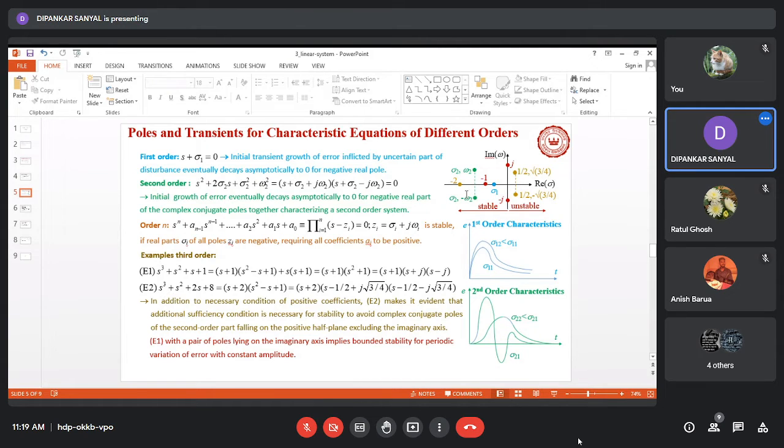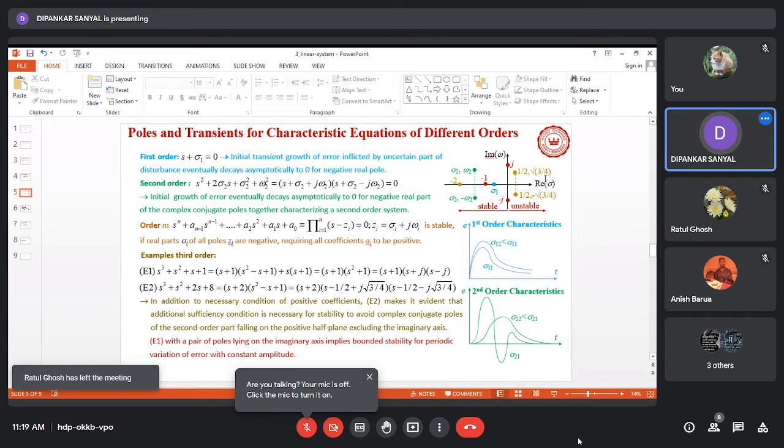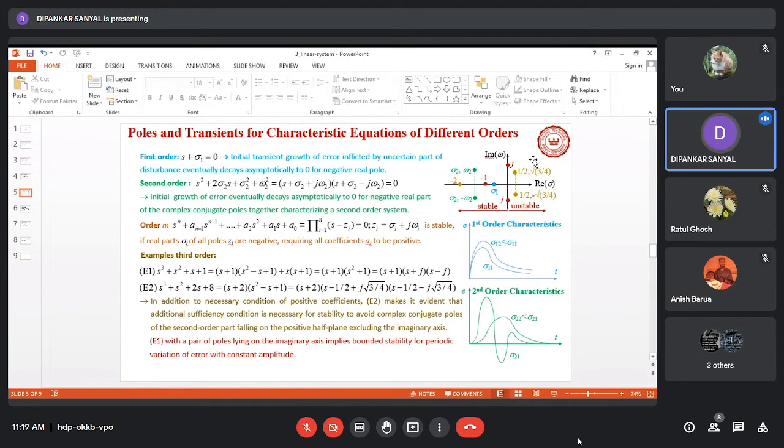So in this plane, if the roots are on the negative half, including the axis, we can conclude the system to be stable. But if any root forms in the positive half plane not containing the imaginary axis, then it will imply an unstable system. So that is the whole interpretation of the plotting of the poles here as shown.